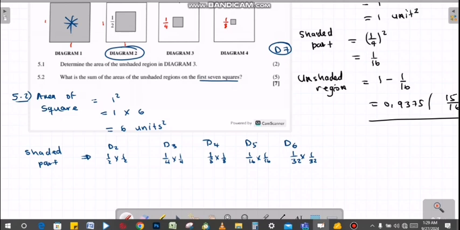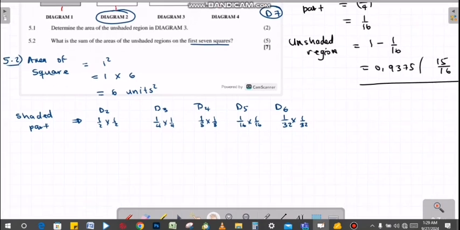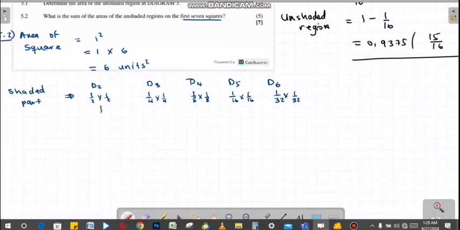So now let's check. So what's happening with our areas? Okay, so in this case we'll have 1 over 4, 1 over 16, 1 over 64, that is 16 times 16 is 1 over 256, and 32 times 32 is 1 over 1024.